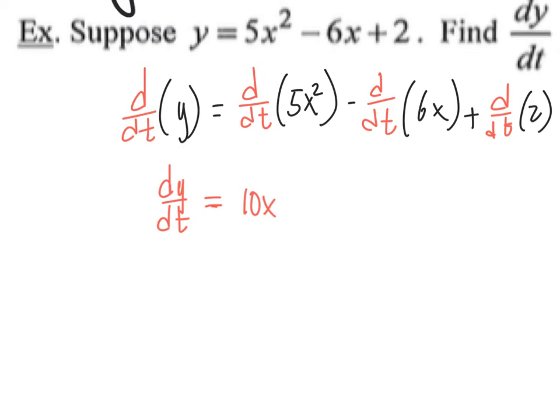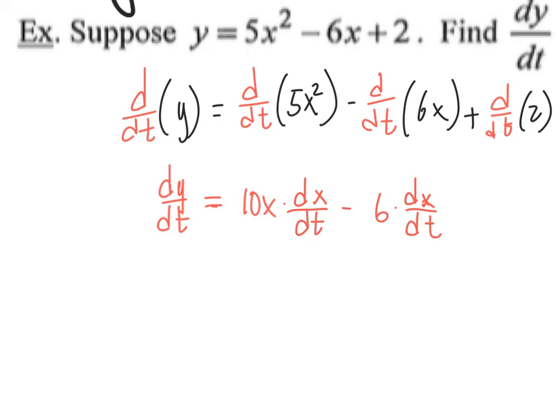So I need to multiply this by dx/dt. Okay, so dx/dt. And then minus, the derivative of 6x would just be 6, but then we have to multiply that by dx/dt. Okay, and the derivative of a constant 2 would just be 0.